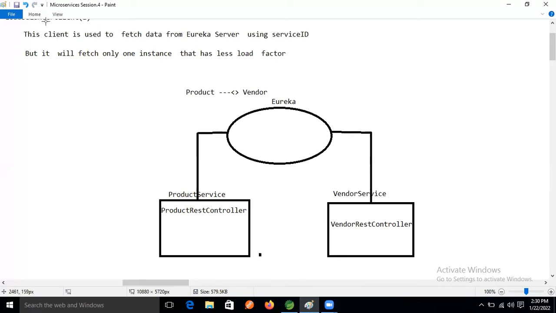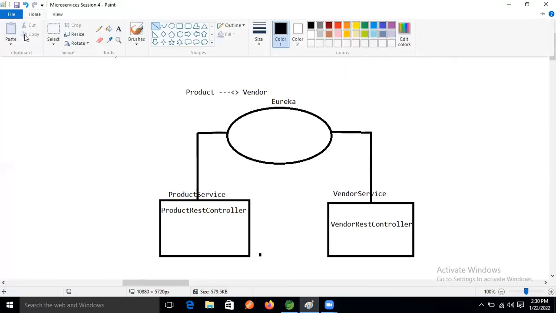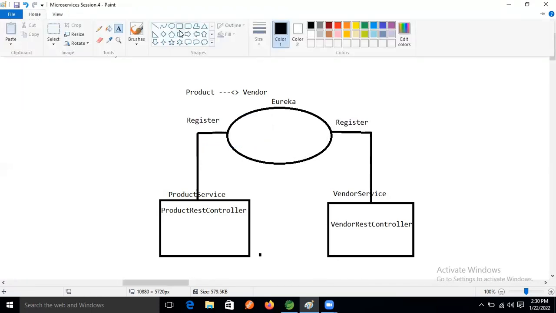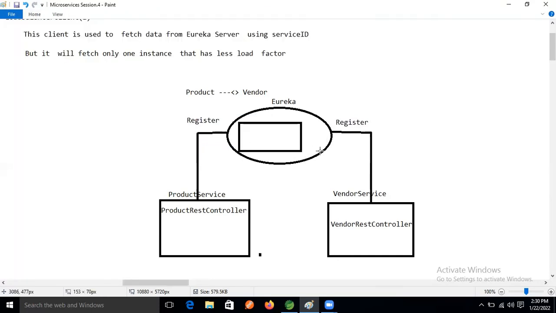We need to register both microservices in the Eureka server. Then what will happen now? Both microservices instances will be created inside that Eureka server, right, guys?